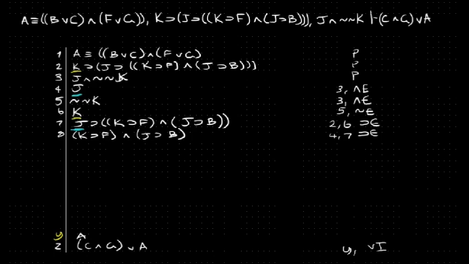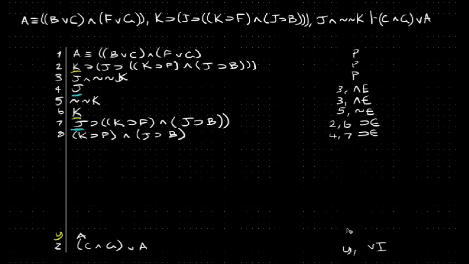If we were to go the other way, if we derived B or C and F or G, we'd end up with two disjunctive statements, and we don't yet have a rule for disjunction elimination, so it's going to be impossible for us at the moment to get C and G out of those two disjunctive statements. So I think that A is our best bet here.